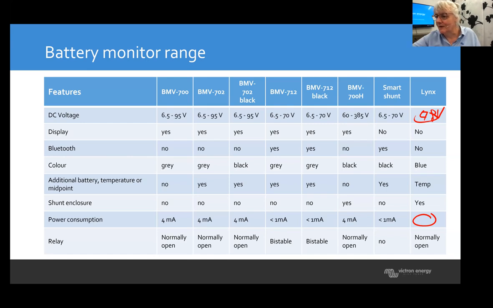So I would probably think a 56 volt maximum voltage, I would say. But the power consumption is more than the other ones. That much I know. So it's more, but how much more I don't know. Yeah, they have a relay in the back. Some do, some don't. The Smart Shunt has no relay. The battery monitors do have a relay, and the Lynx has. Anyway, that's your overview.